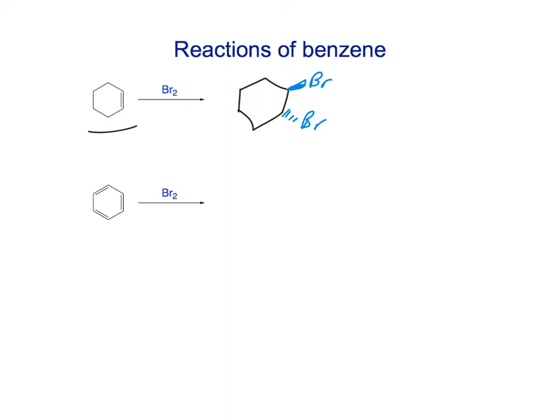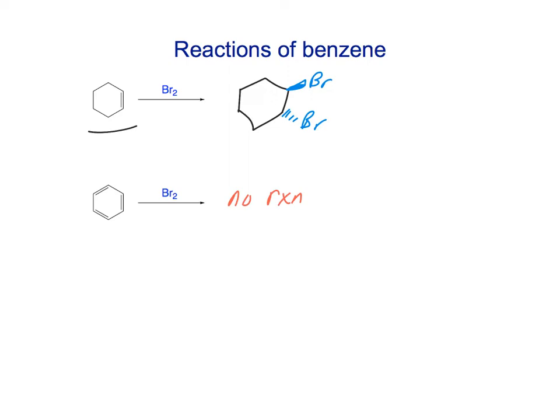Remember, it comes in from one side, forms a bromonium ion, and the bromide comes in and opens up that bromonium ion ring. When we do this with a benzene ring, essentially there is no reaction.